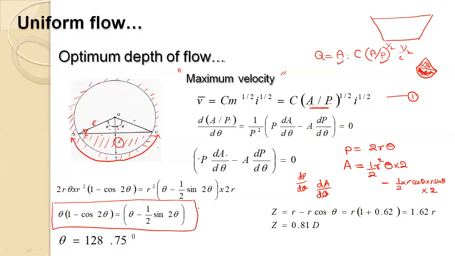If you do a simple trial and error method, you will find that theta will have to be equal to 128.75 degrees in order to satisfy this particular equation.